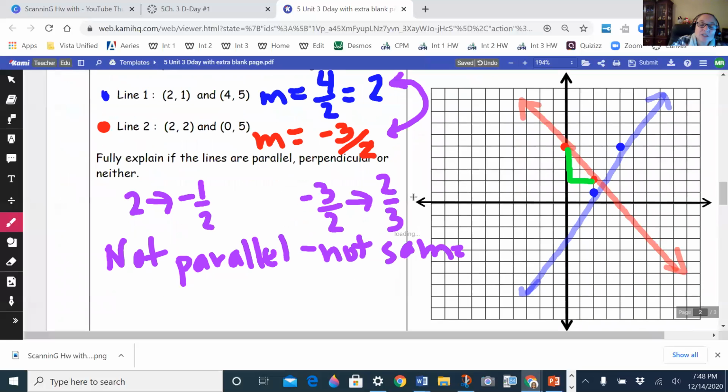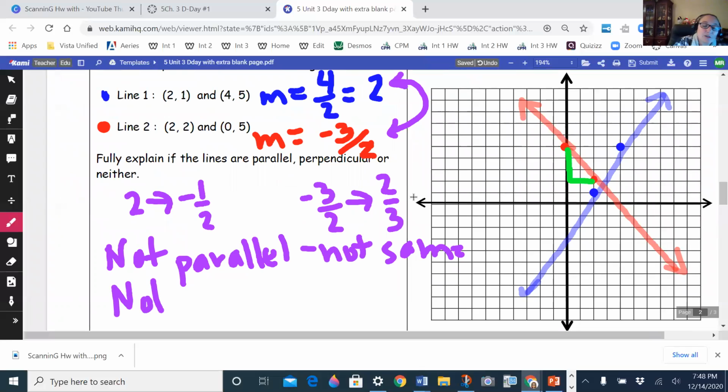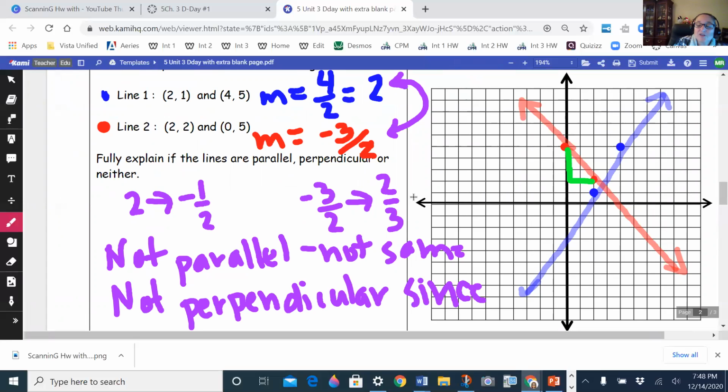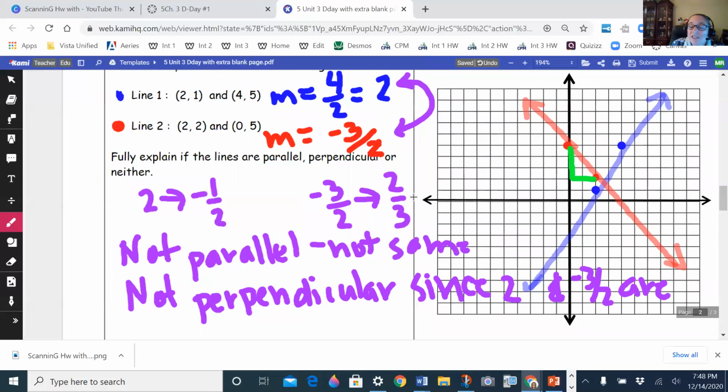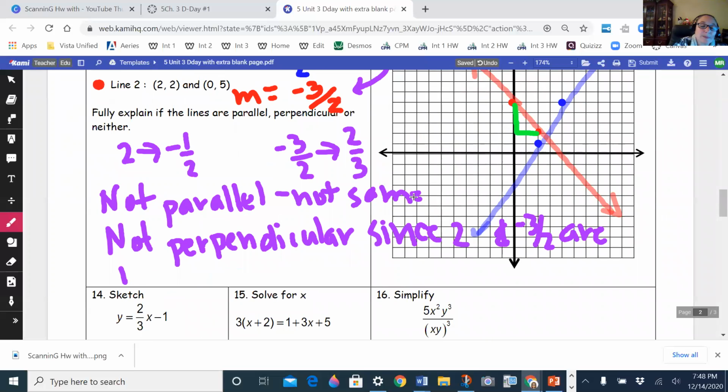They are not perpendicular because they are not negative reciprocals. Again, the numbers I'm looking at are 2 and negative 3/2, and 2 and negative 3/2 are not negative reciprocals.